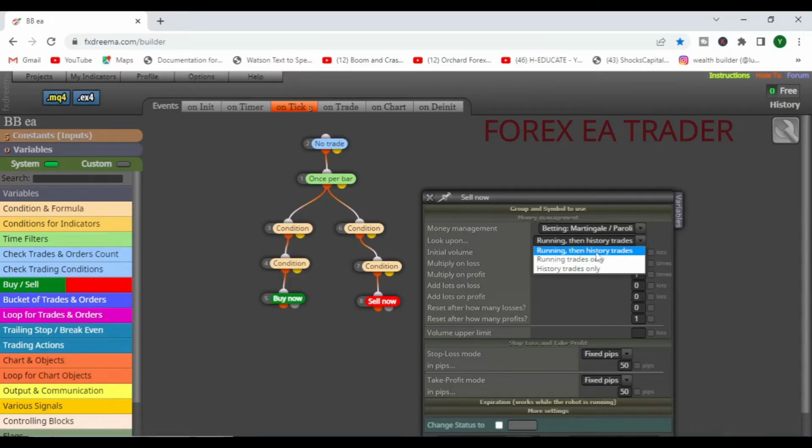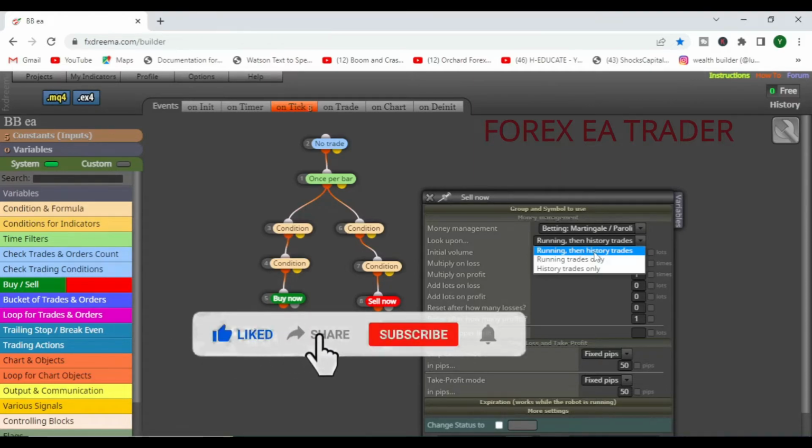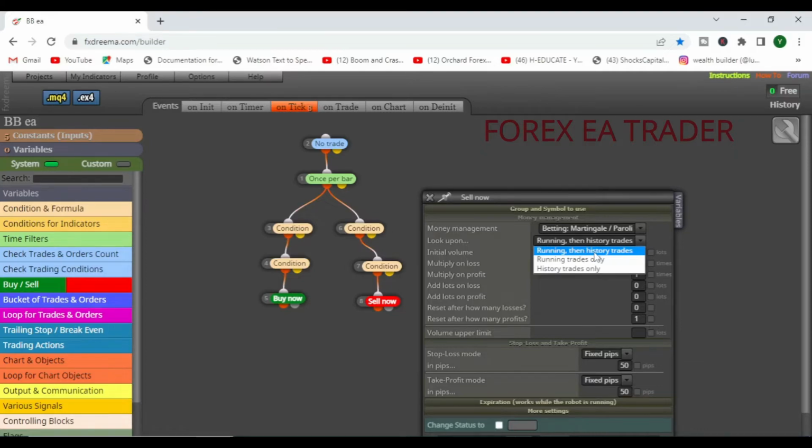So I think the history trades will be the previously closed trades, whether the ones that you lost or the ones that you were winning, or you can run it on only those history trades that hit stop loss. Then you can run your Martingale on those ones.